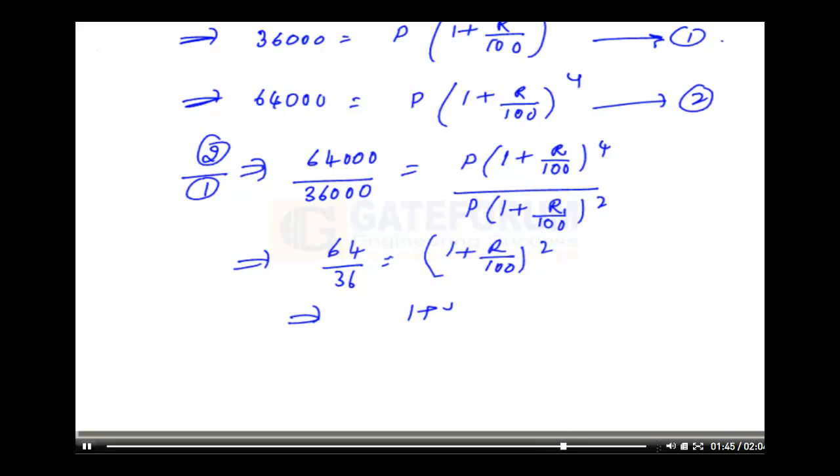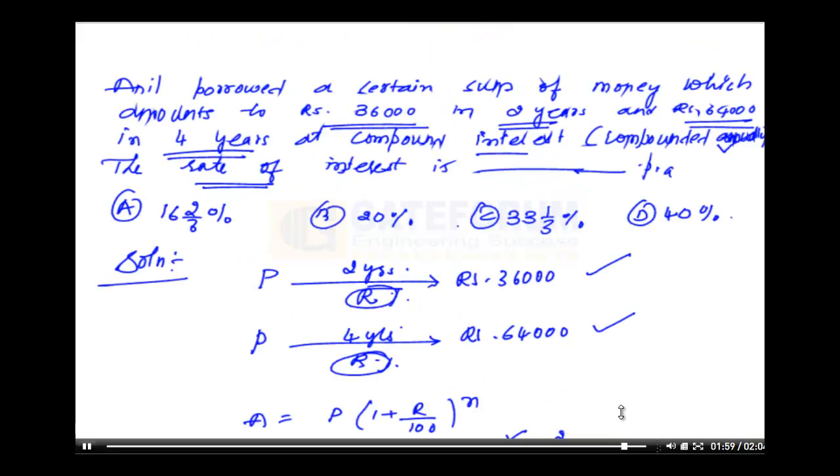That implies 1 plus R by 100 will be the square root of 64 by 36, which is 8 by 6. That implies the value of R is 33 1 by 3%, which is option C.